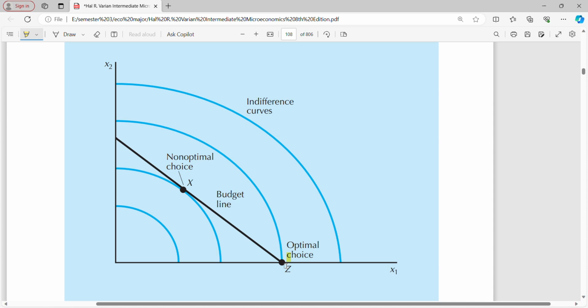You just want 8 ice creams and 2 olives, or 2 ice creams and 8 olives, but not an equal amount. So in that case, it is likely to be on the boundary. It won't be in the center. It won't be tangent like this. It won't bring any tangency. And anyway, Z is on the higher IC.